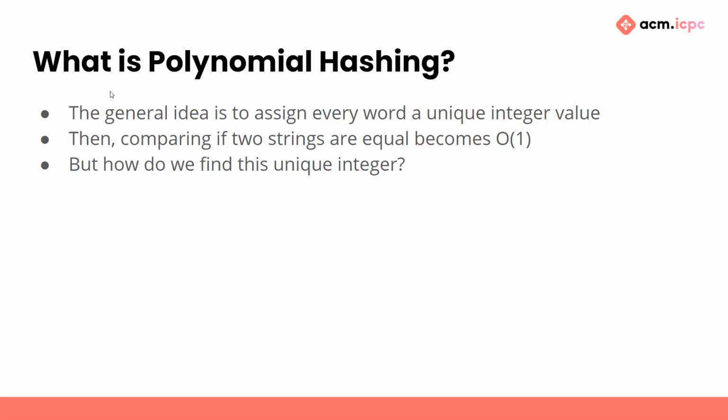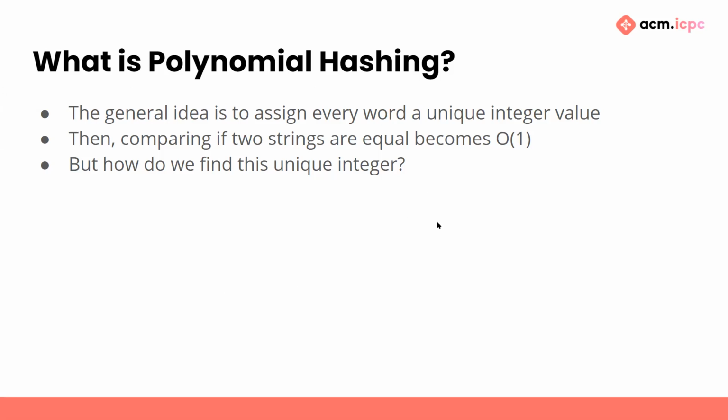And the good thing about doing this is that since comparing strings is O of n, where n is the length of the string, then this is much slower than comparing two integers, which is O of 1. So if we can somehow assign a unique integer value to a string, then comparing two strings would therefore become O of 1 instead of O of n. And this is much faster. And it would be very useful for a lot of problems that need faster runtime.